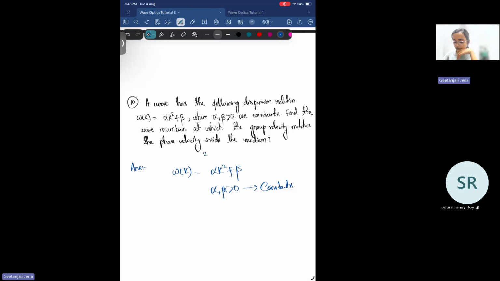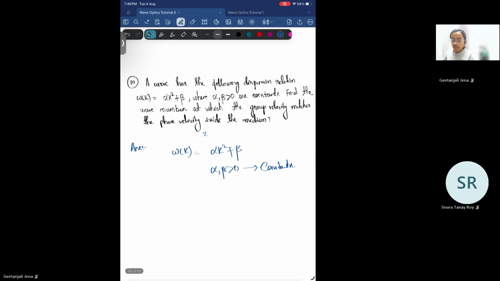Put beta over alpha. Yes, the answer is correct. So Vp is equal to Vg. Vp is given by omega by k, which will be alpha k plus beta by k.